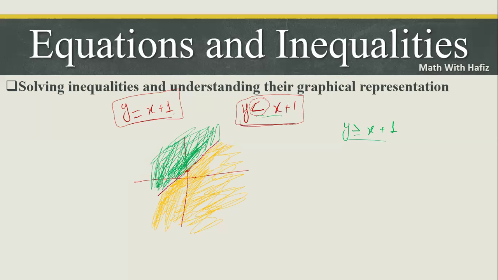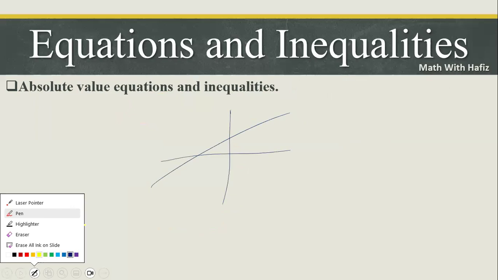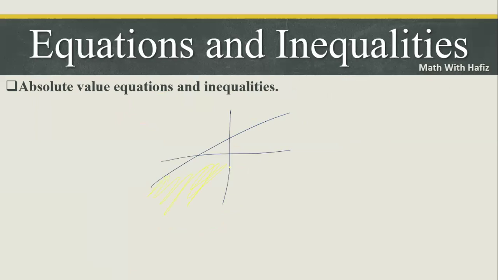Now, if you have a system of inequalities, let's say you have one line like this, and the area of this line was lying under the graph, and you have another inequality, let's say like this, and the graph of this inequality lies above.